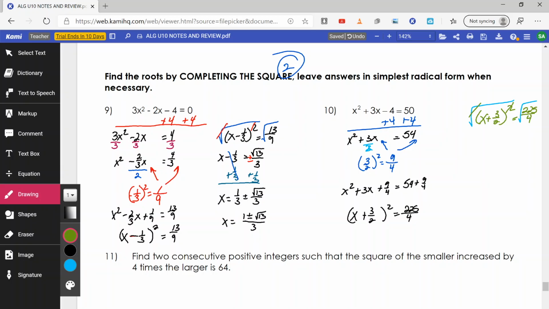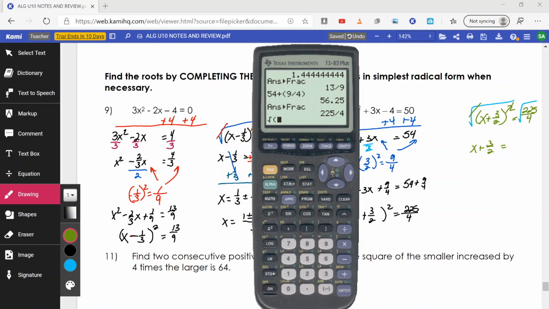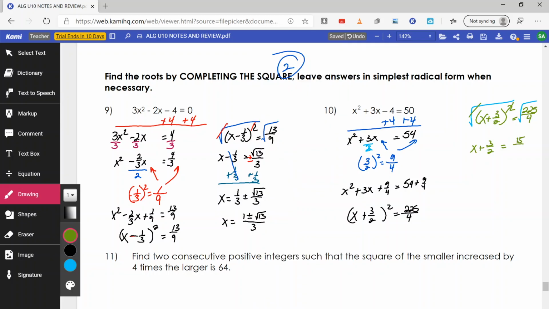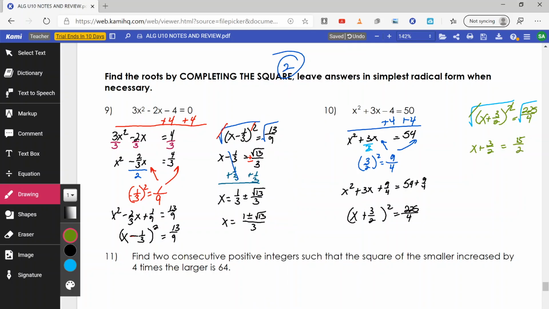So I have x plus 3 over 2 equals, and then I want to take the square root of each number. So the square root of 225 is 15. And then the square root of 4 gives me 2.